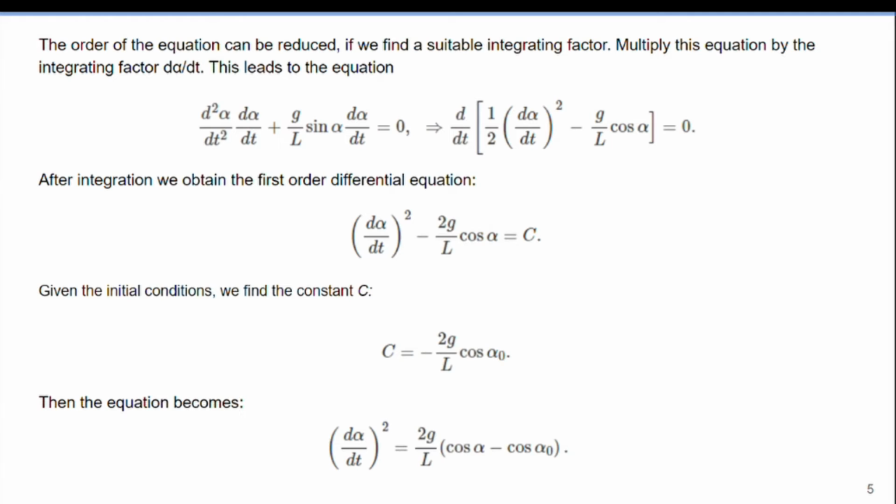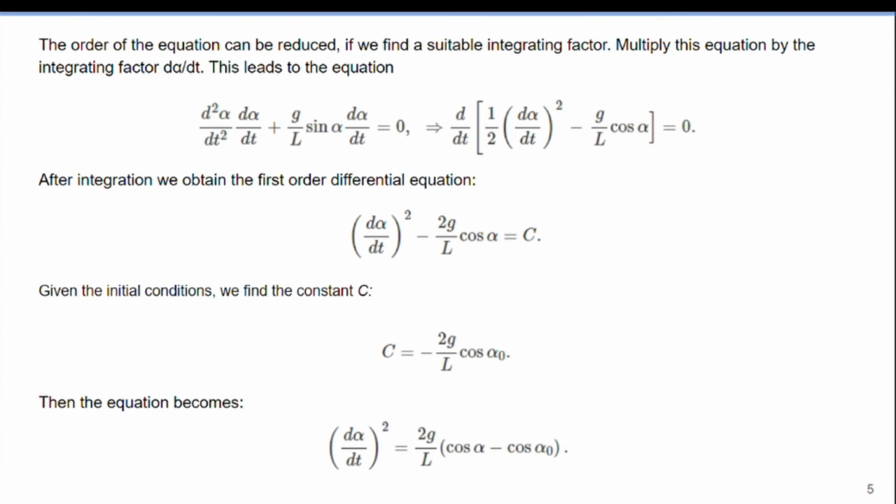The order of the equation can be reduced if we find a suitable integrating factor. Multiply this equation by the integrating factor d alpha dt. This leads to the equation. Here is the formula. After integration, we obtain the first order differential equation.